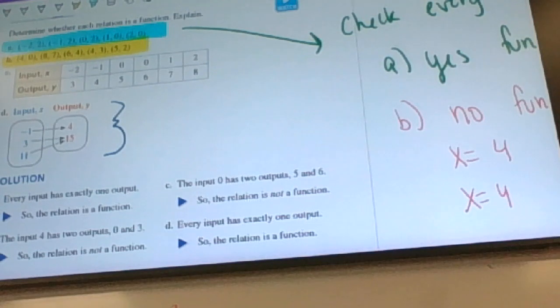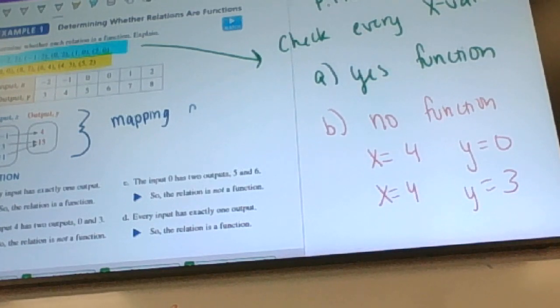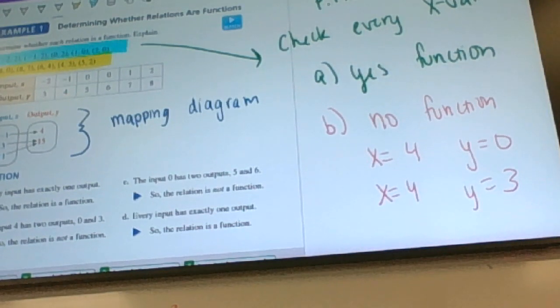I think it's called a mapping. A mapping diagram. Yeah. I know mapping seems like a verb or something, but yeah, that's called a mapping diagram. And it draws arrows from inputs to outputs.